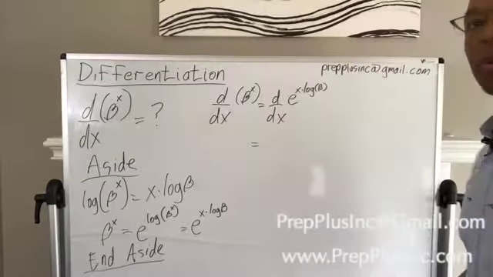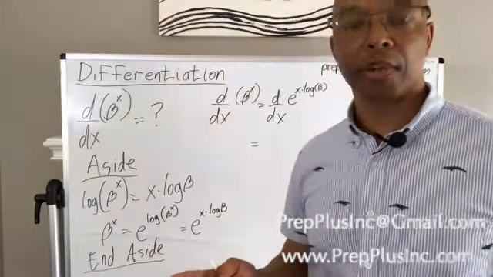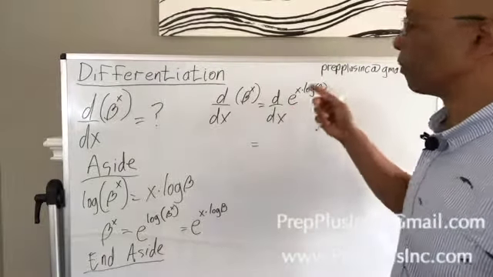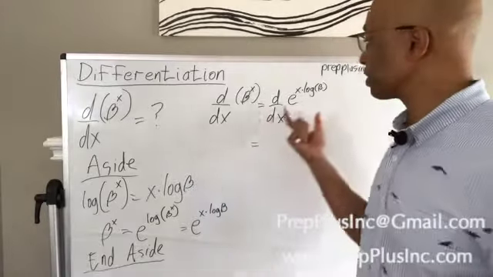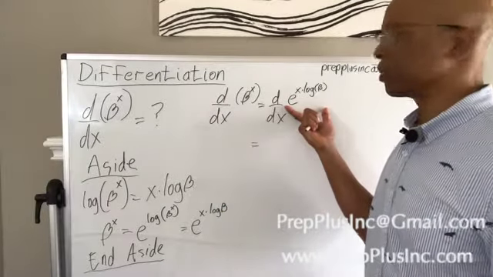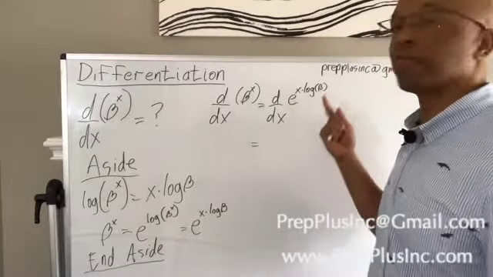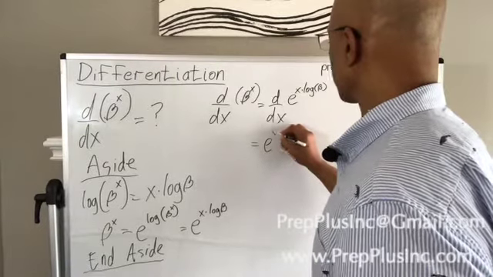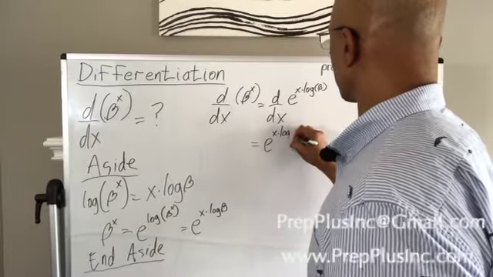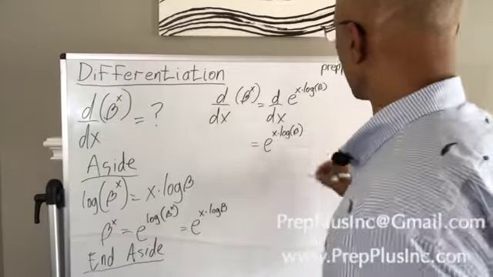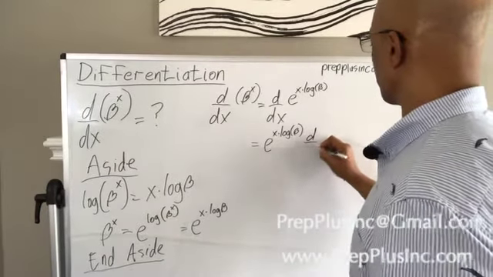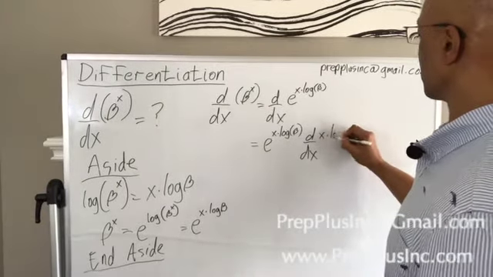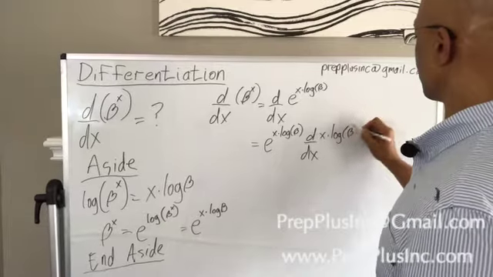We know from the rules of calculating derivatives, d by dx of e raised to anything, first you just take that e raised to the power and then take the derivative of the power. So that is e raised to the power x log beta times the derivative with respect to x of this exponent, x times log of beta.